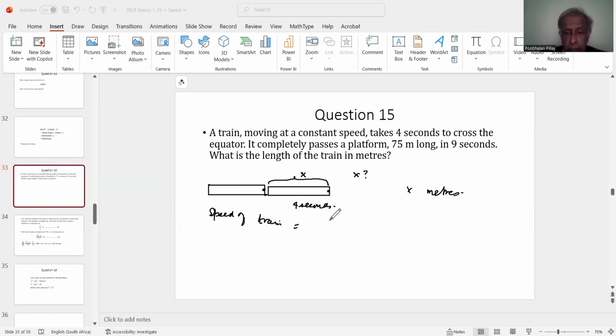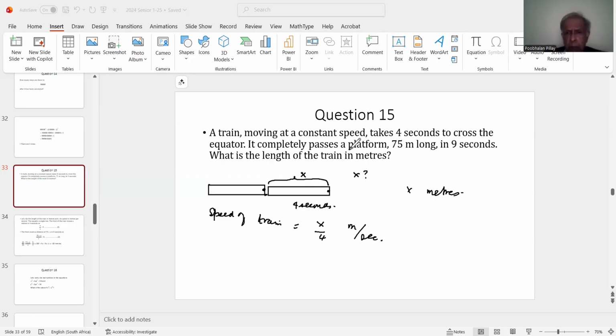So the speed of the train is x meters in 4 seconds. So distance over time is the speed, and that is meters per second. X meters in 4 seconds. All right, so we got the speed of the train.